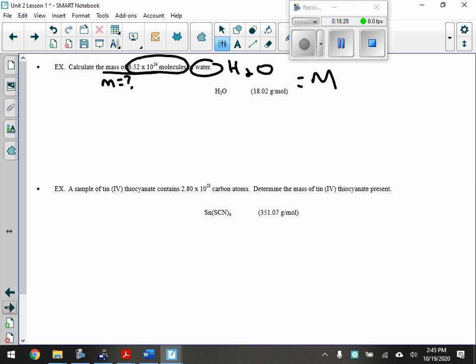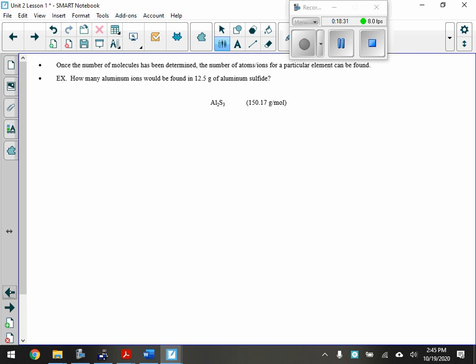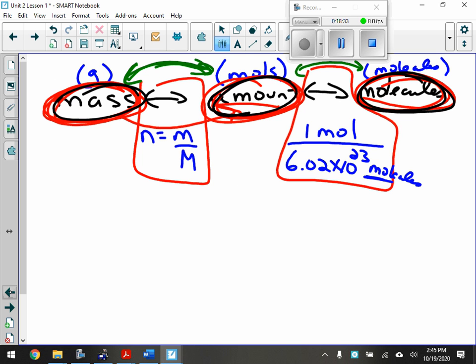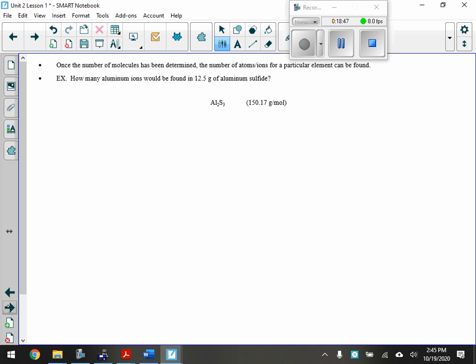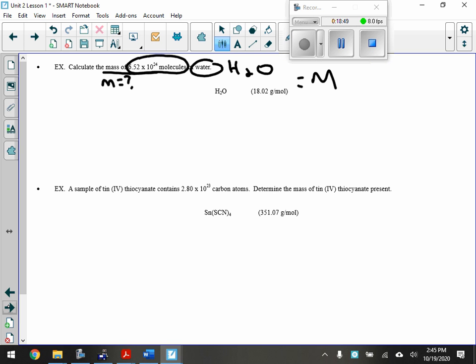I'm starting at molecules, so I'm starting here, and I got to go to here. And to get from here to there, I'm going to use this ratio right here. However you wish to do that, you can set up the equivalent ratios again. You can multiply one by the other, whatever you want to do. I'm going to start with 6.52 times 10 to the 24 molecules.